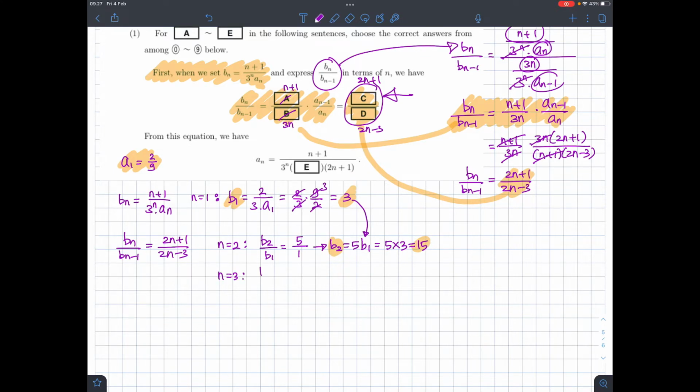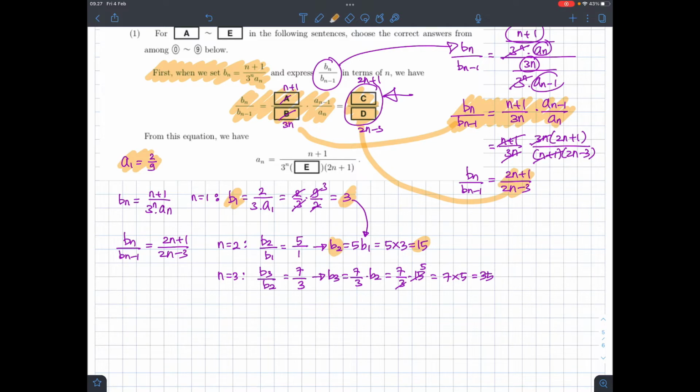Let's continue. If you put 3, b3 equals b2 times 2 times 3 is 6 plus 1 is 7, over 2 times 3 is 6 minus 3 is 3. So from here you will get the result for b3 equals 7 over 3 times 15, which becomes 7 times 5, or 35.